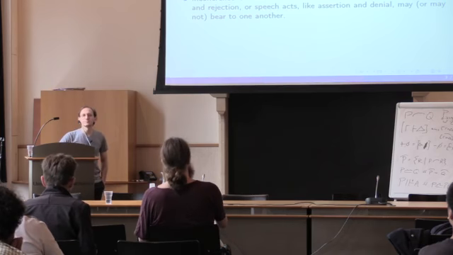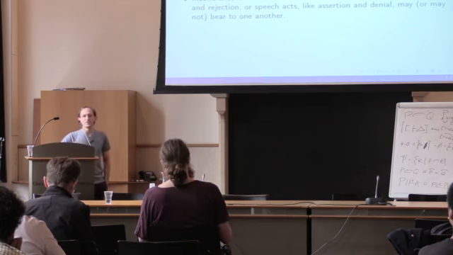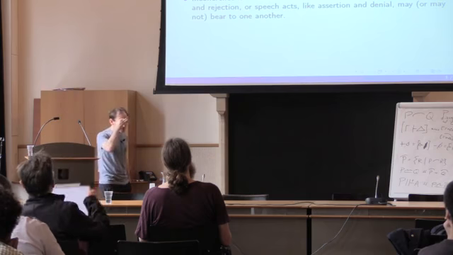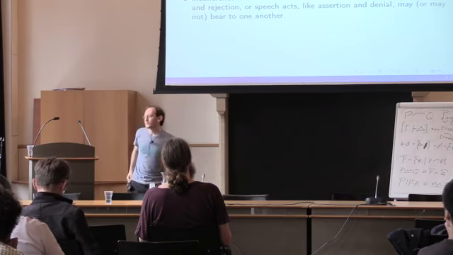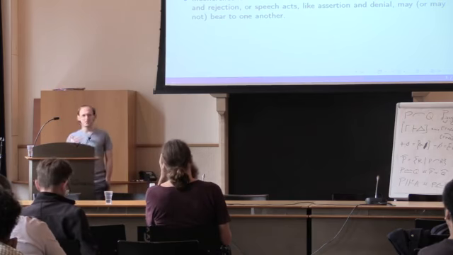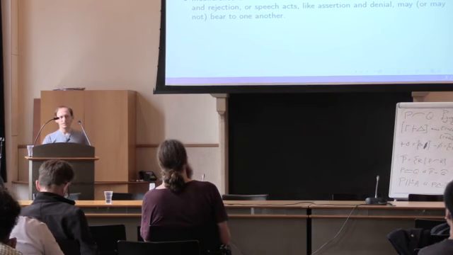We can make some remarks about what we mean when we say that a certain set of attitudes or speech acts is incoherent. I'm assuming that we have some kind of pre-theoretical grasp of what it means to say that a set of speech acts or a set of attitudes is incoherent, even if that grasp is rough and incomplete.